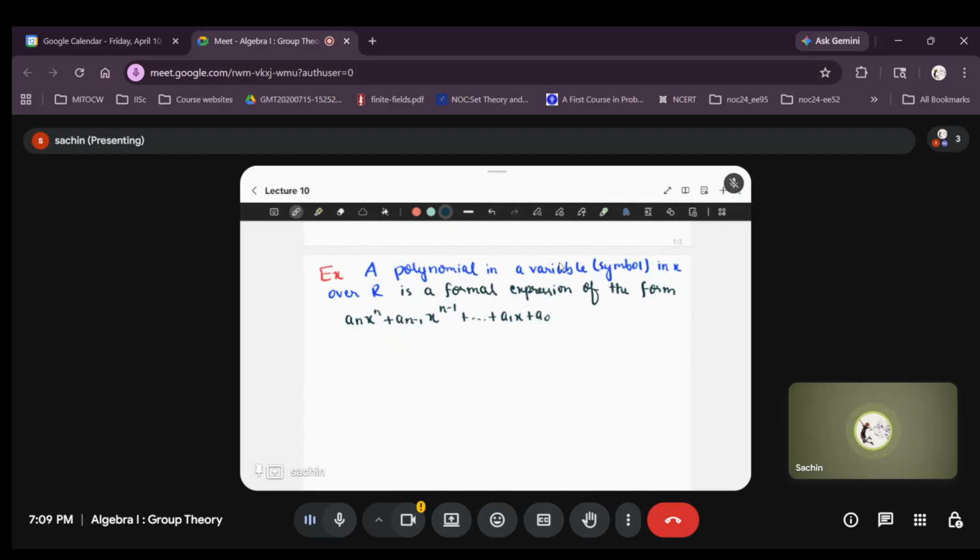This is actually different from the polynomial functions in calculus that we see. There we assume that x takes some value and then you evaluate it. Here our definition has nothing to do with that.